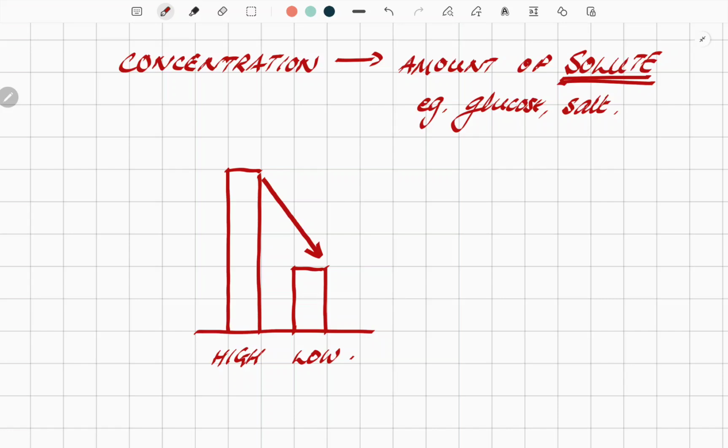So the concentration gradient that you're seeing is effectively the difference between the two concentrations.